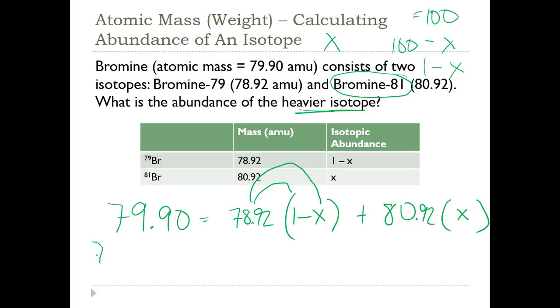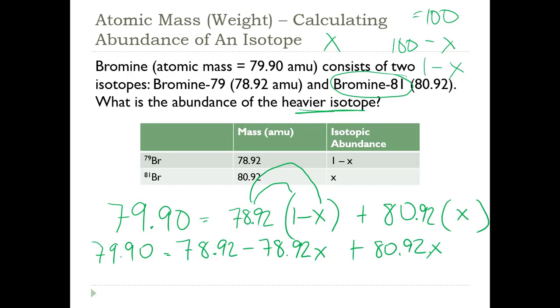So this becomes 79.90 is equal to 78.92 times 1, and then times negative x. So 78.92 minus 78.92x plus 80.92x. And then we can rearrange so that we have our variable on one side of the equation.